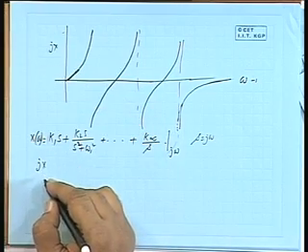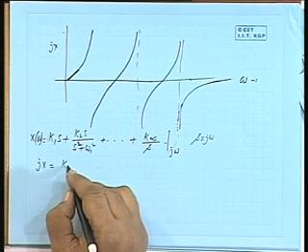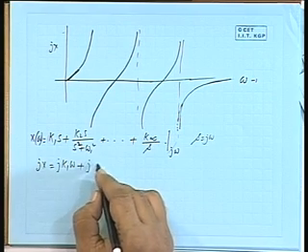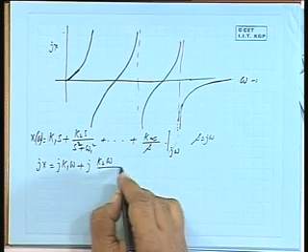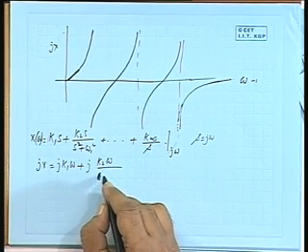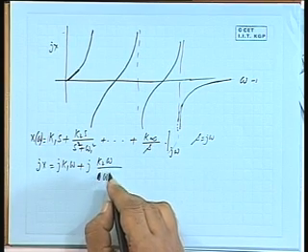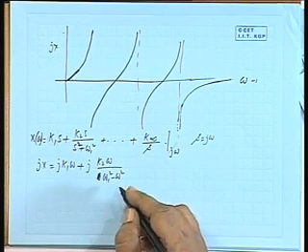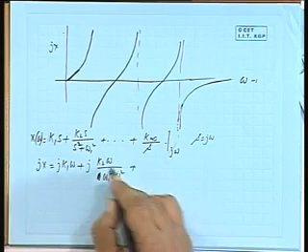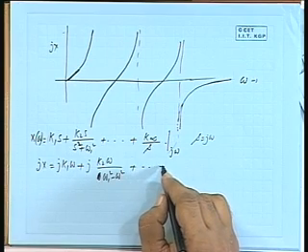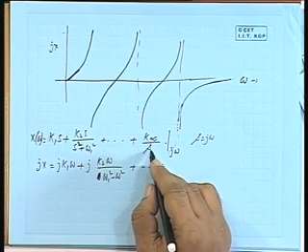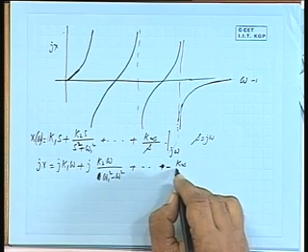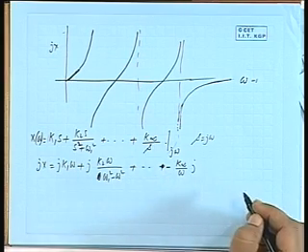So, jX is k1 j omega plus j times k2 omega by omega 1 squared minus omega square, because s squared is minus omega square, and similar terms plus k infinity by j omega. So, it will become minus k infinity by omega into j.